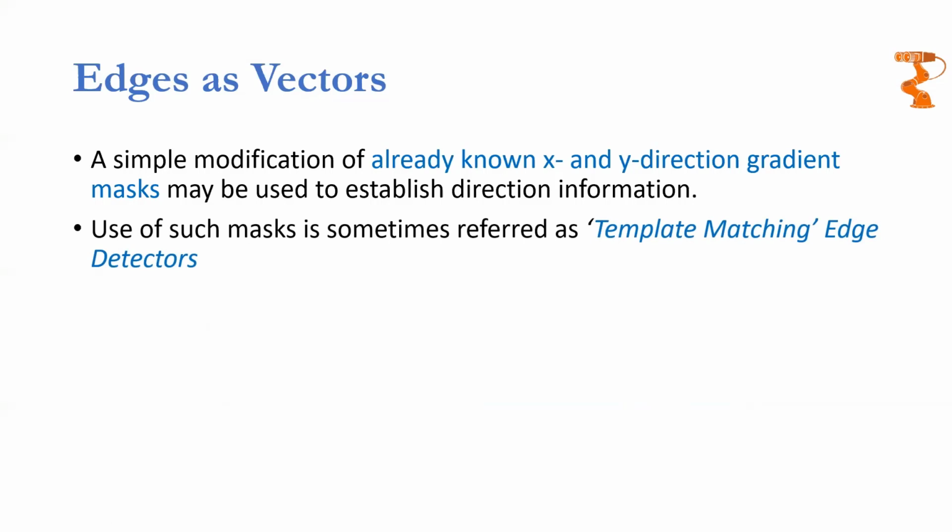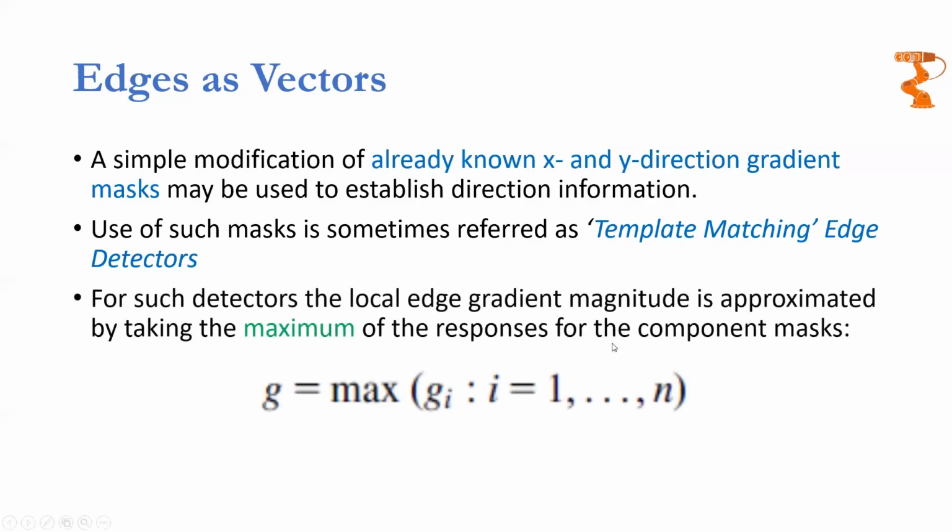Sometimes there are edge detectors called template matching edge detectors. These give you the magnitude and the direction in one step. What are these things? You can picture them as multiple edge detectors. For example, one edge detector is expert at detecting horizontal edges only.